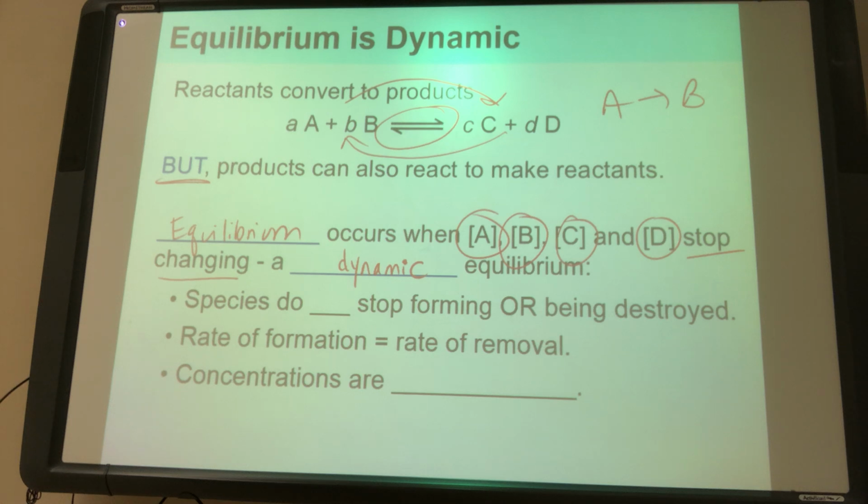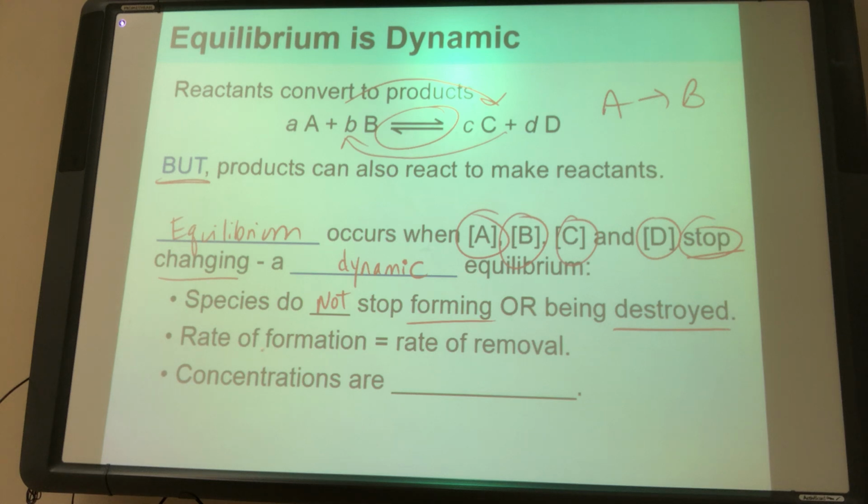We don't see an overall change, but it doesn't mean nothing's happening. The cycle is still going, but how much is going one way is the same as going the other way. That's the exact same thing we're talking about here. In a dynamic equilibrium, we don't see a change, so it looks like it stops changing, but the species, my reactants and my products, do not stop forming or being destroyed.